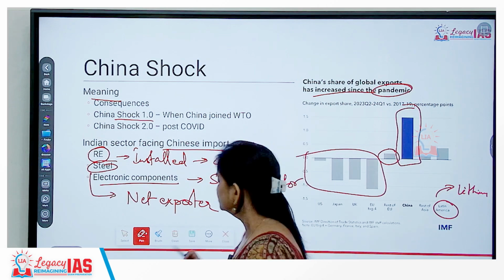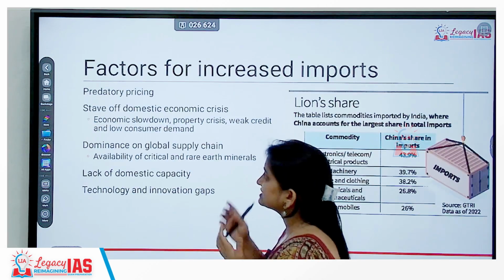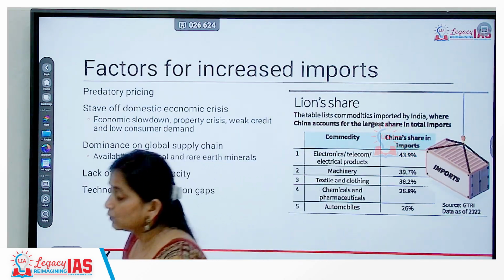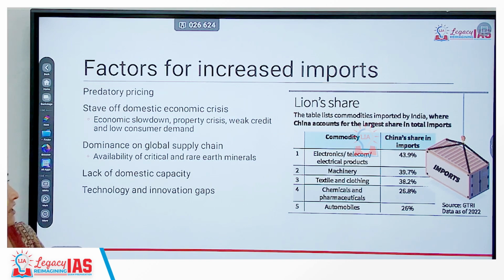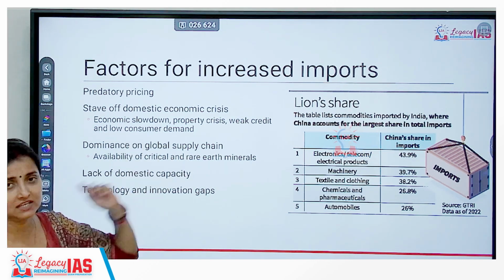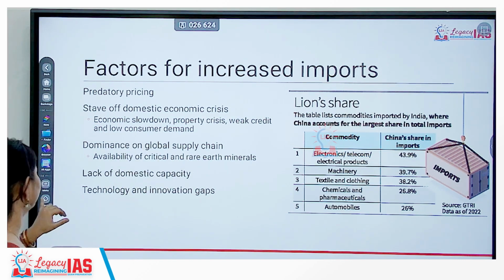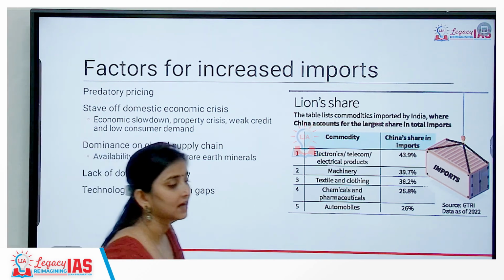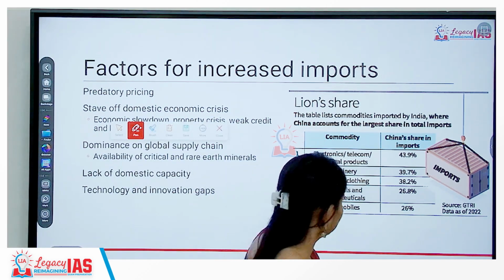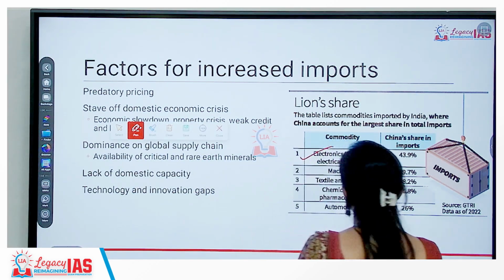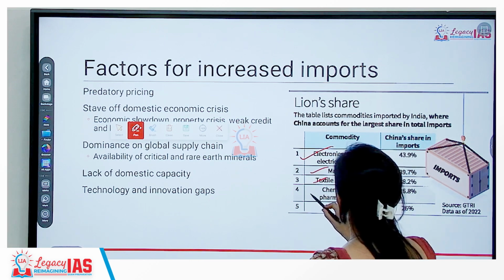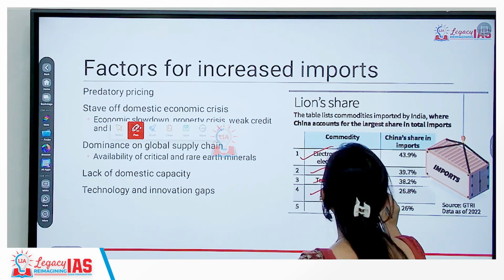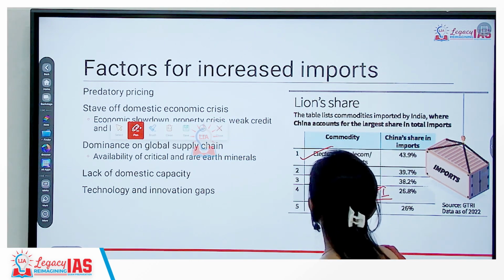Okay? So now let us understand this fact, the reasons why we are experiencing an increased import. What are the goods? First of all, let's discuss what are the goods that we are importing from China. That includes electronics, telecom, electrical products, machinery, textile, chemical and pharma. We know that API, active pharmaceutical ingredients, we are importing from China.